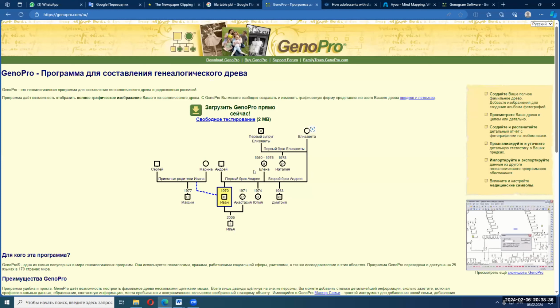That's really interesting. I need to look at that. I haven't heard of this tool.